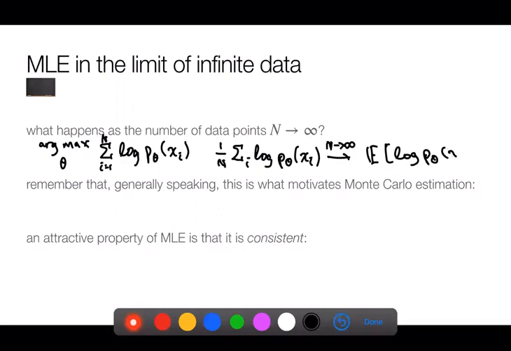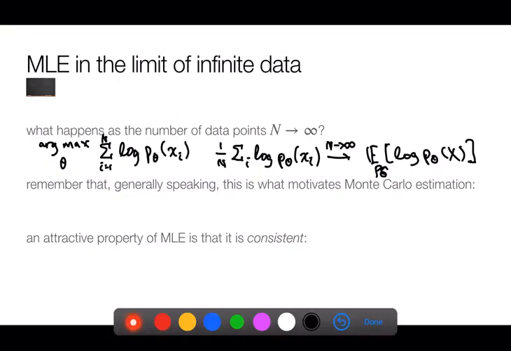of x, where x is sampled according to my data distribution. So this is an expectation with respect to the data distribution, which I think last time we called theta hat. So theta hat represents the true parameters that I don't know, and that's where my data is being drawn from.